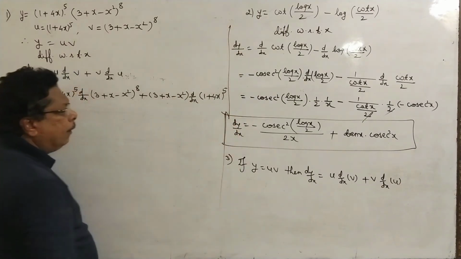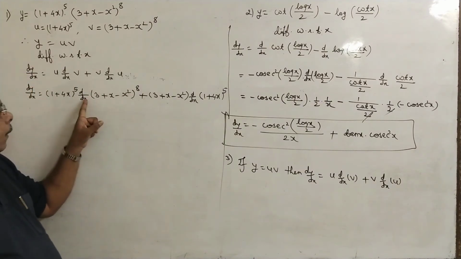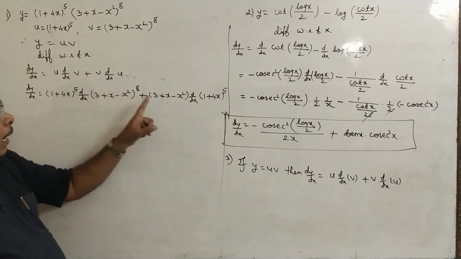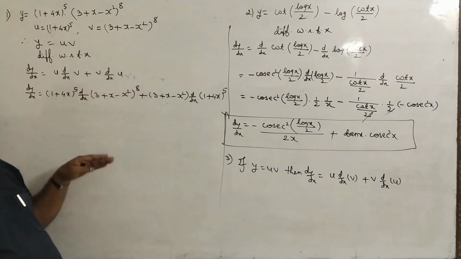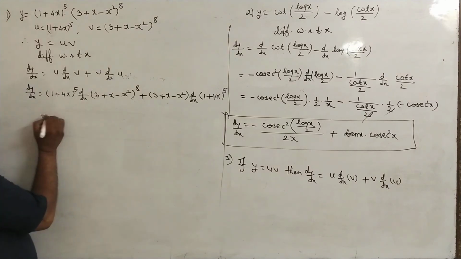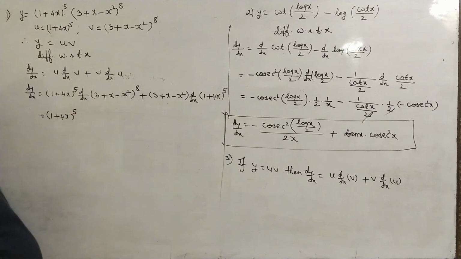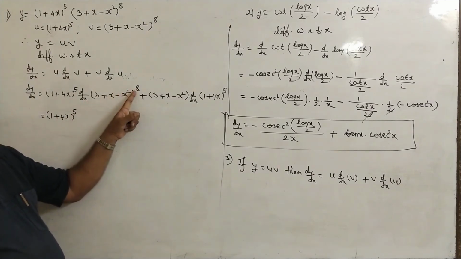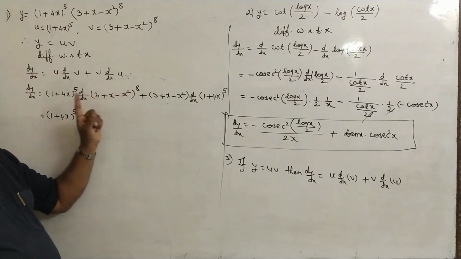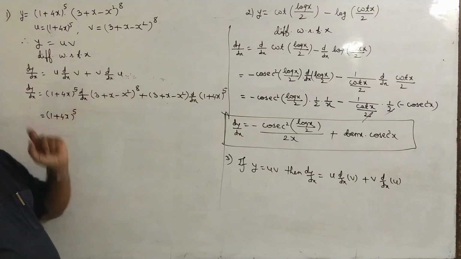Now here we have to take the derivative of the term which is next to the dy by dx. Only the term after dy by dx has to be differentiated, the other terms are carried as they are. So this becomes 1 plus 4x raised to 5. Now here use the formula: the derivative of fx raised to n is n into fx raised to n minus 1 into f dash x.